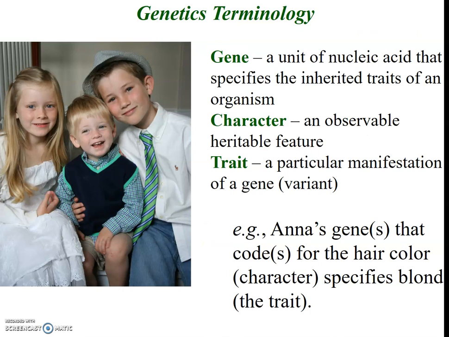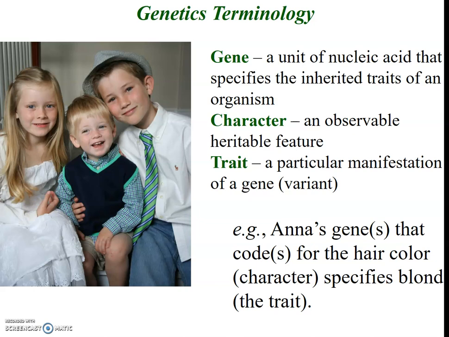So just to orient you, this is an older picture of my own 3 kids. This was taken quite a while ago, but I wanted to utilize it to illustrate a point. In the previous chapter, we talked all about gene expression, and really when you're expressing a gene, you are ultimately going to be making a protein. The definition of a gene is just a unit of nucleic acid that specifies the inherited trait of an organism. So how is that actually expressed or presented?